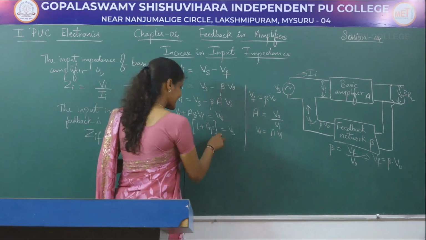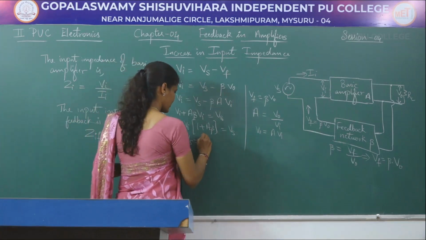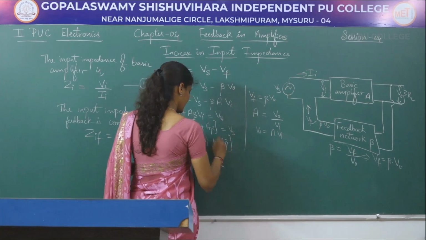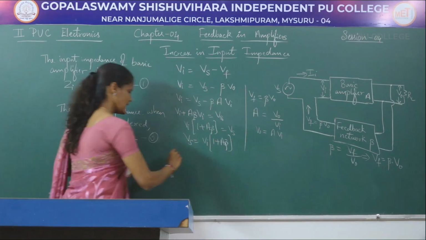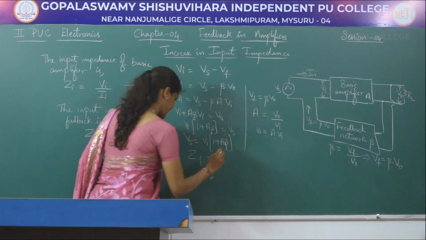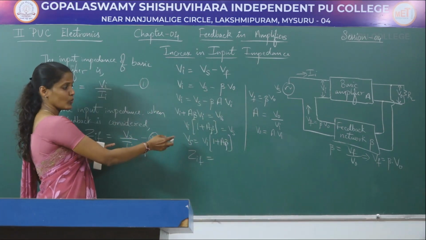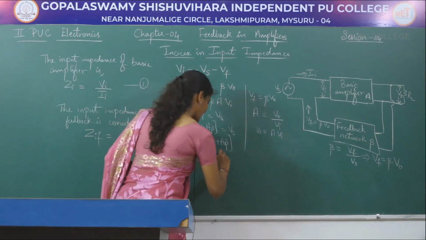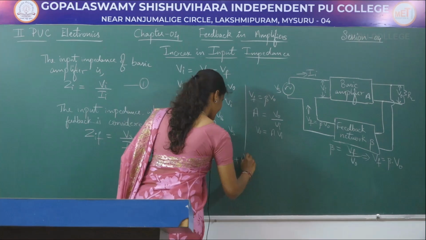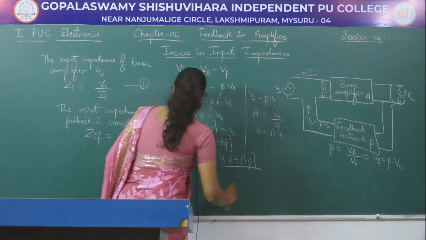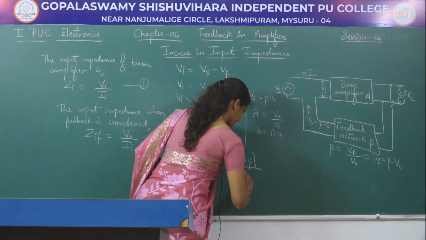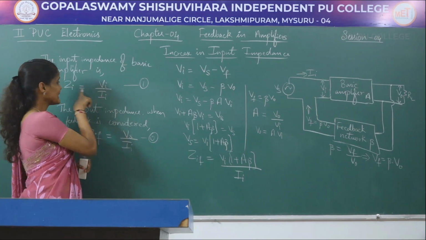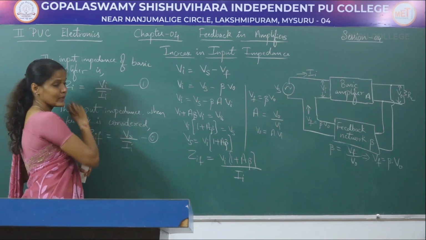So let us substitute this expression, that is Vs is equal to Vi into 1 plus A beta, in equation number 2. So ZIF now will be equal to Vi into 1 plus A beta whole divided by Ii. But according to the first equation, Vi by Ii is nothing but Zi.